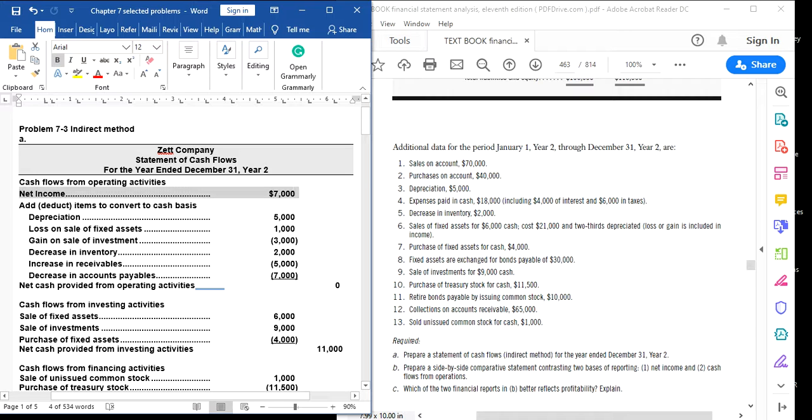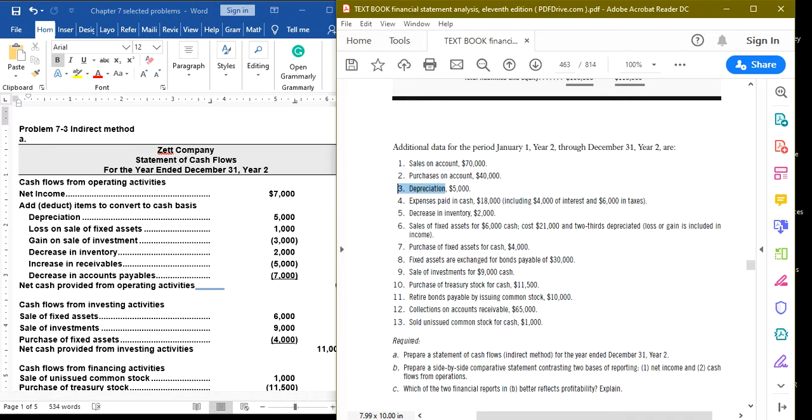So net income is not surprising to be here, okay? And we add or deduct the other items as cash, okay? So we add back the depreciation, $5,000, to our cash flow statement, okay?